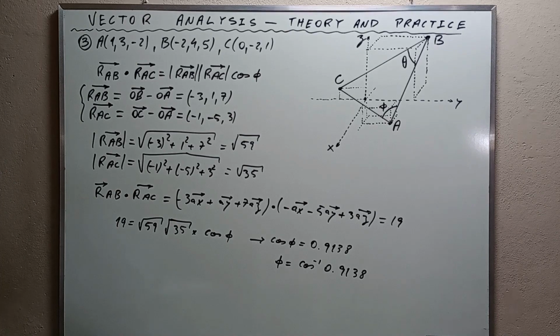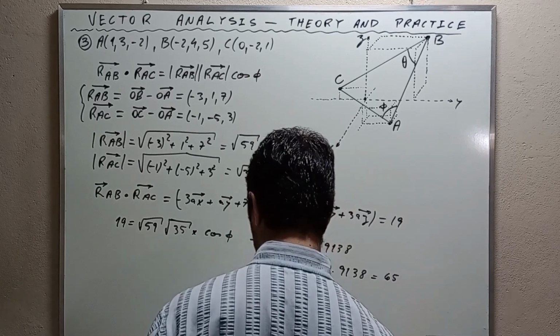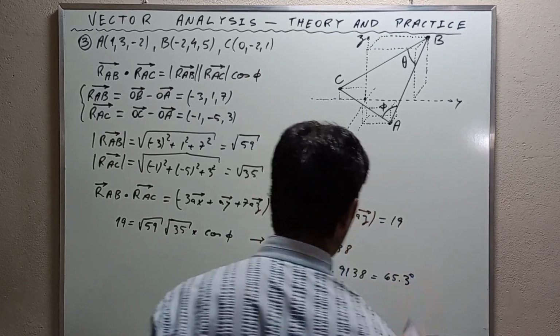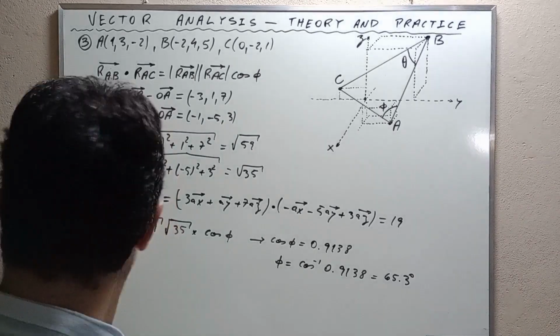And this produces an angle equal to 65.3 degrees, okay? And this is all for the day, okay? We are going to calculate for letter B in a similar manner. Let me erase this.